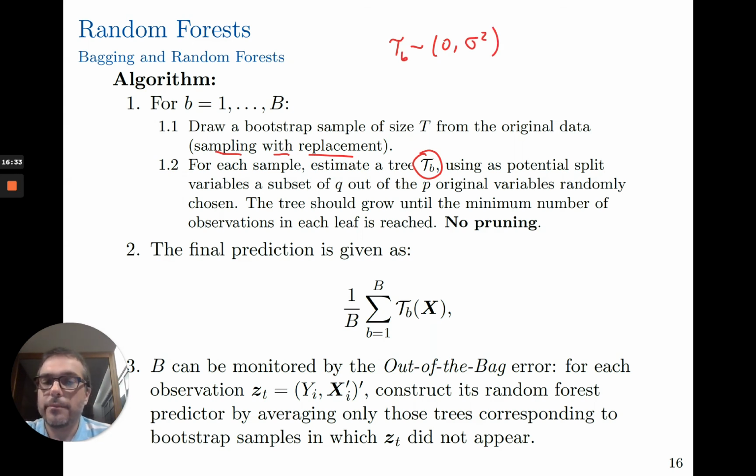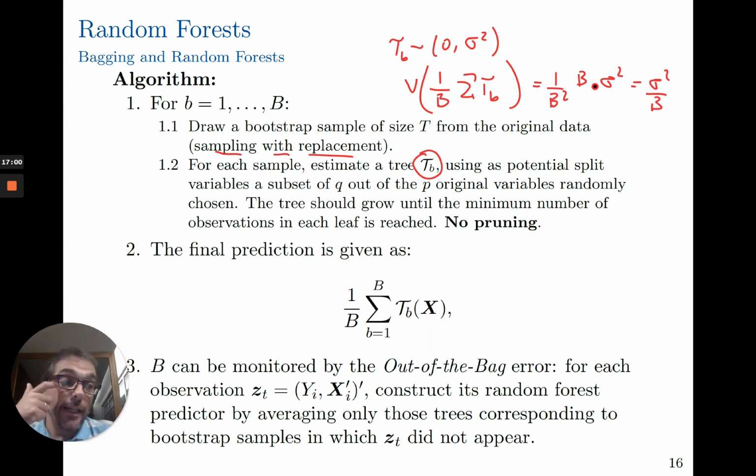Each tree B, and we are taking the averages of these trees, and we want to compute the variance of that. We are assuming that each tree is independent of the others. So basically this will be 1 over B squared, B times sigma square. This will be sigma square divided by B.